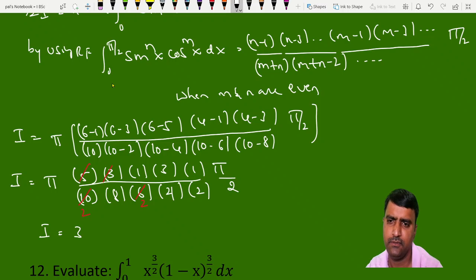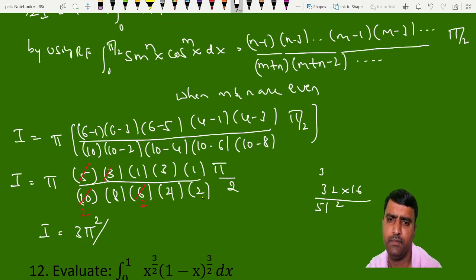So I is equal to 3 pi square divided by 4, 8 twos are 16, 16 twos are 32, 32 into 16, 16 threes are 48, 48 plus 3 is 51, so it is 512.